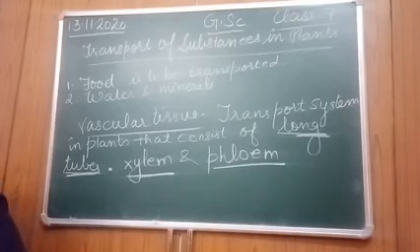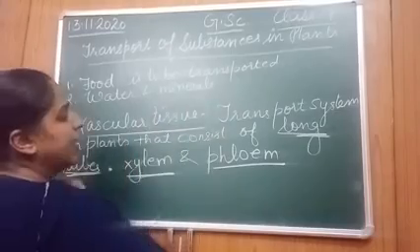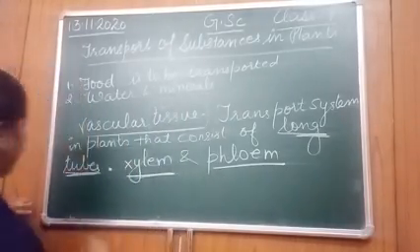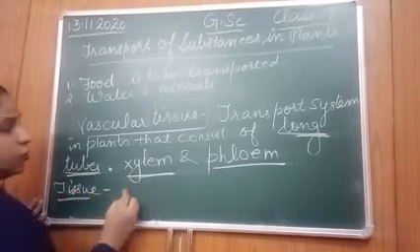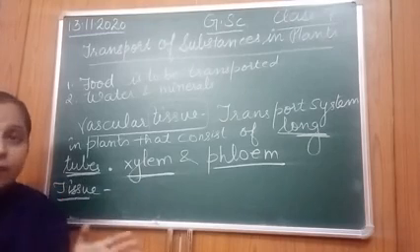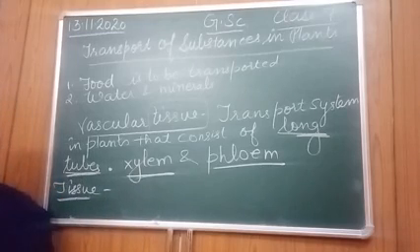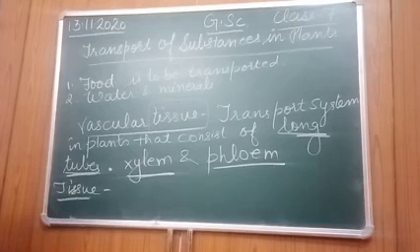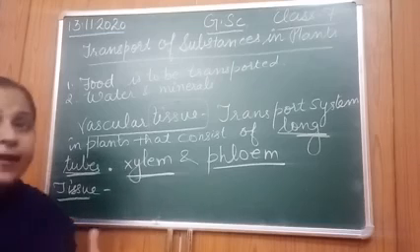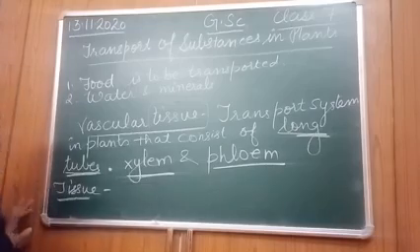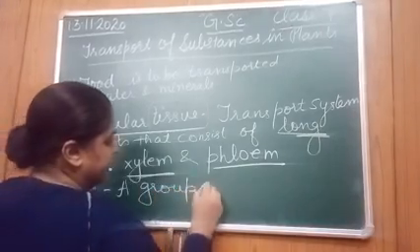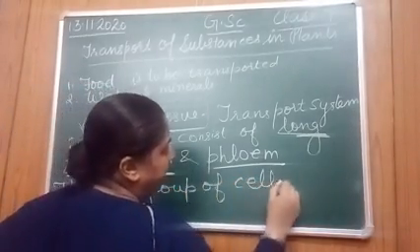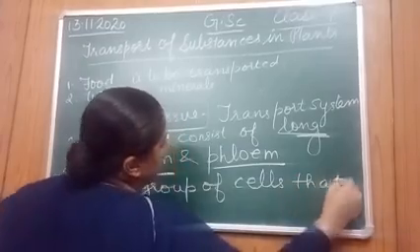Children, actually what is tissue? If you remember, we had done this in earlier classes also. A tissue is a group of cells that perform a specialized function. You can note it down in your notebooks.